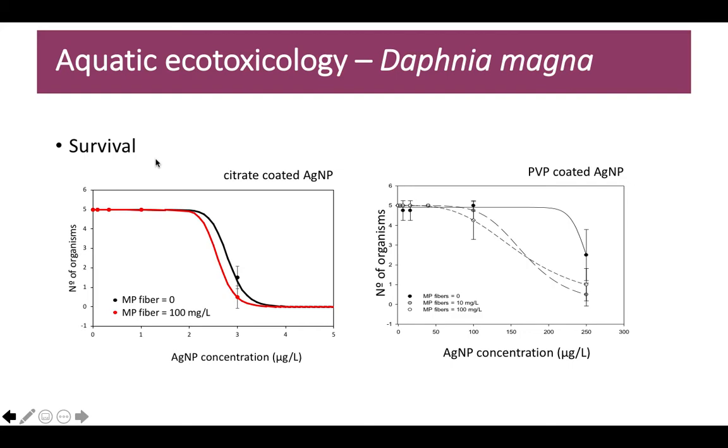For the citrate-coated nanoparticles, in black you have the nanoparticle exposed alone, and in red in combination with the fibers. In the same way, for the PVP-coated in the right graphic, you can see the black line indicated by the nanoparticle alone, and the dashed lines for the combination with the microplastic fibers.